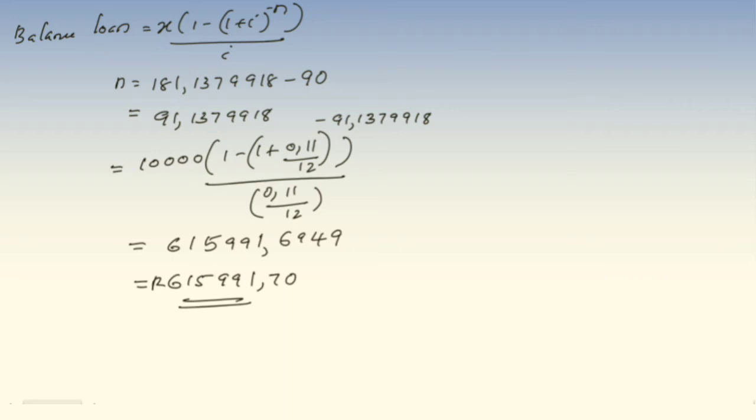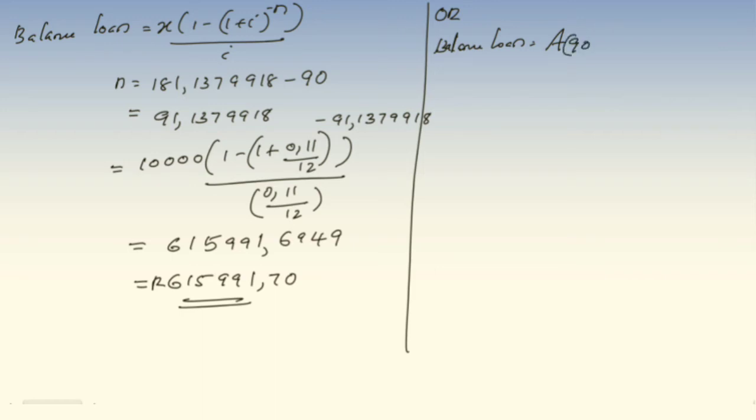The same answer you will get if you use the future value formula. I will show you that one. Balance loan is equal to the compound interest formula. Here, if you are using this formula, the number of installments that you made, that is 90.